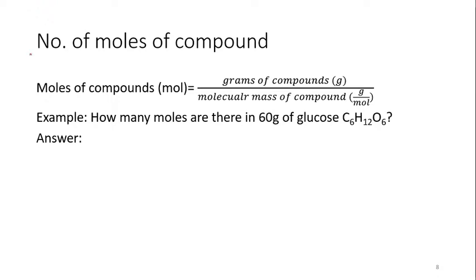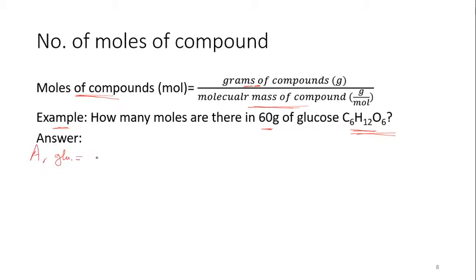The number of moles of a compound. If I know the molecular mass of a compound, and I know how many grams I have of this compound, I can calculate the number of moles. Let's take an example. How many moles are there in 60 grams of glucose? And this is the formula for glucose. First I need to calculate the relative molecular mass of glucose.